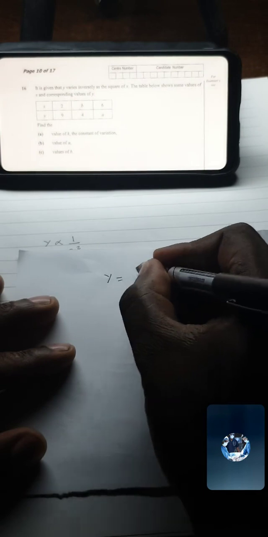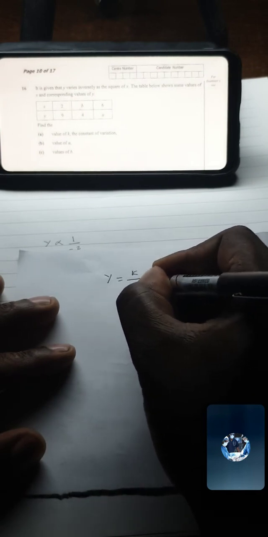Were you clear how we found y is equal to k over x squared? Were you clear when I said this? Yes. Okay, so tell me what is y?